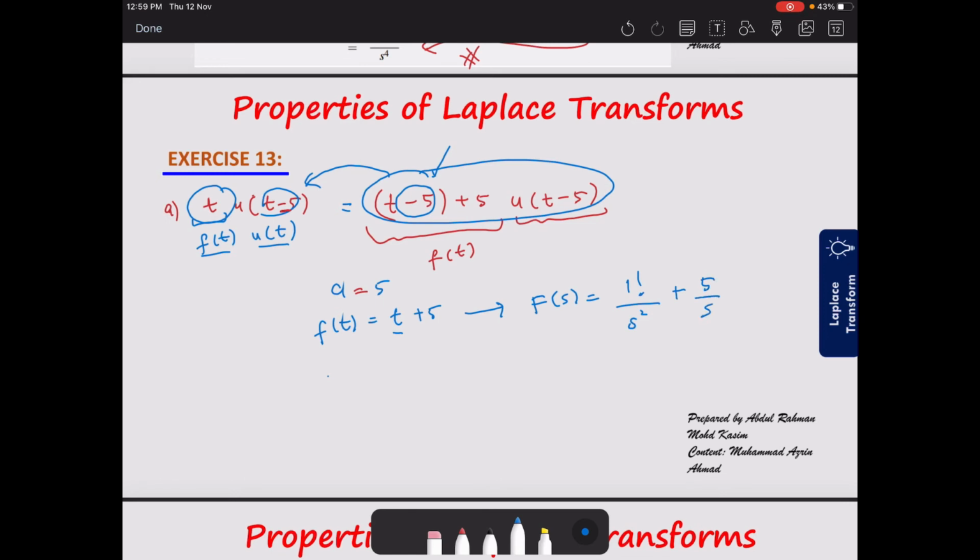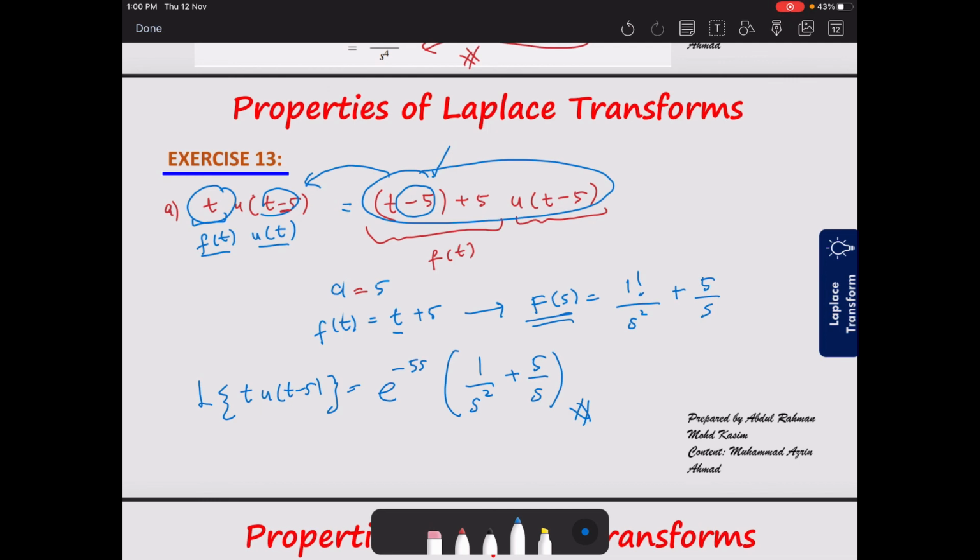You may look at the table. So your final answer for the Laplace of t u(t minus 5) is the combination of the F(s) and exponent negative as. Your a now is 5 and you have s over here. So you calculate 1 factorial, you get 1 over s squared, and then you have 5 over s over here. So this is the answer. Very direct equation.